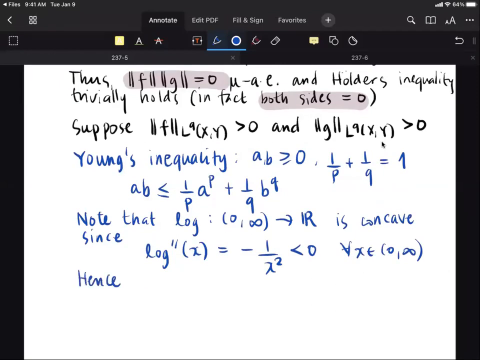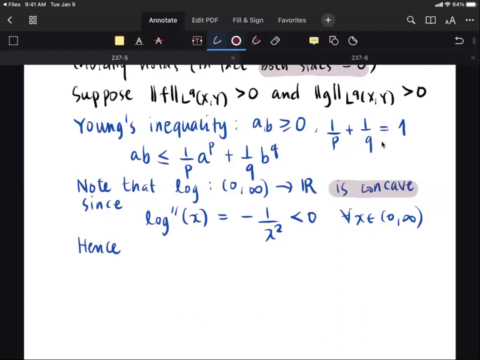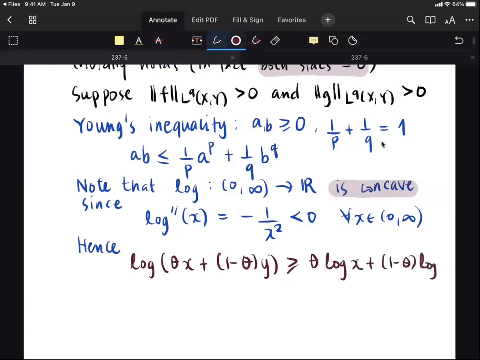Okay. Hence, what do we mean by this concave? So the log of, let's say, the log of the linear combination, so theta x plus, let's say, 1 minus theta y is greater or equal to theta log x plus 1 minus theta log y.